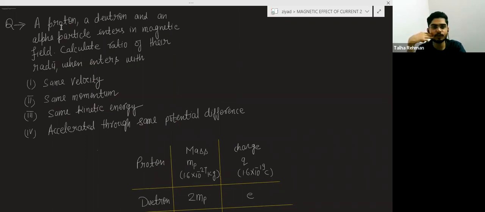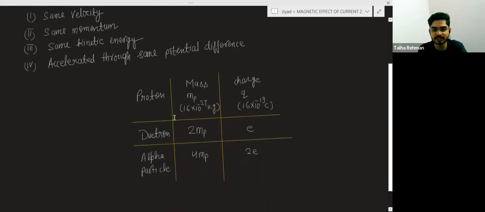The proton, deuteron, and alpha particle are the charged particles entering the same magnetic field. They are asking us to calculate the ratio of their radii, when they are entering with the same velocity, same momentum, same kinetic energy, and accelerated through the same potential difference. So here this data is given.